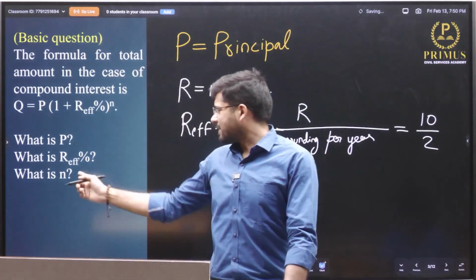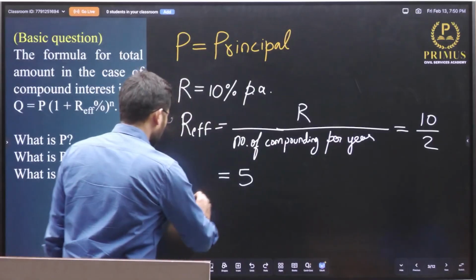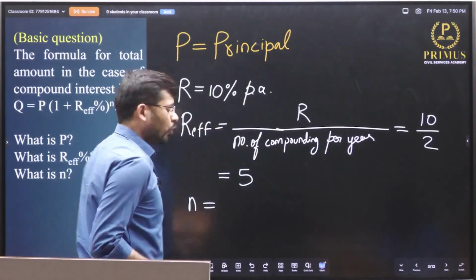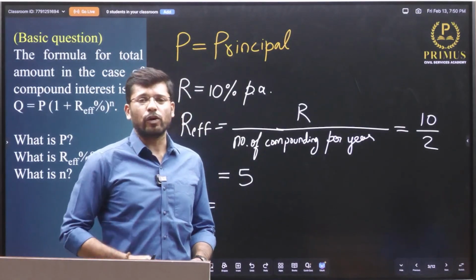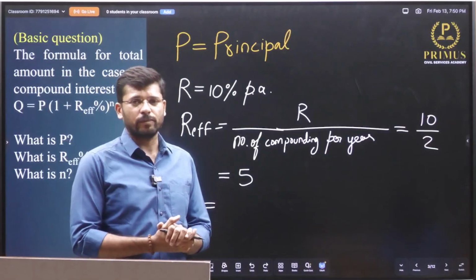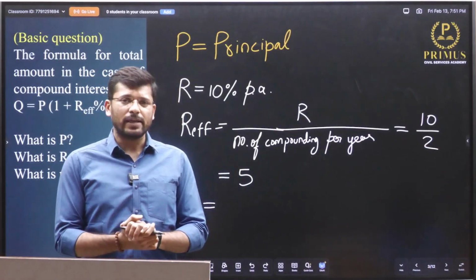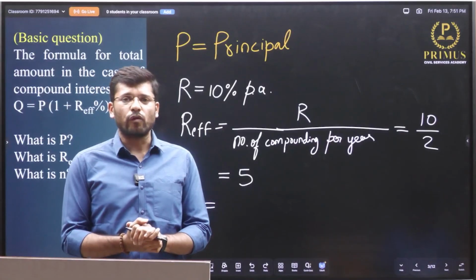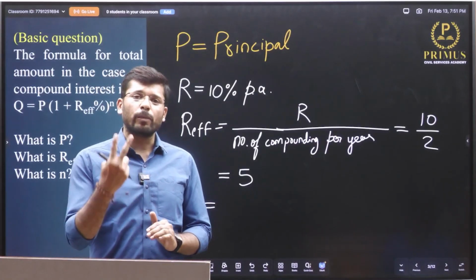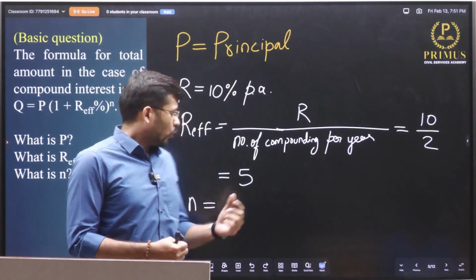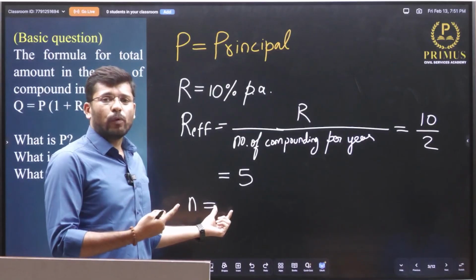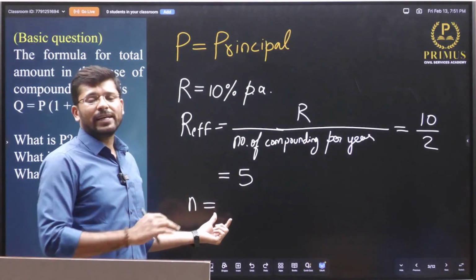Then what is this N? To understand N, let us slightly modify the agreement between you and your friend. Let us say you lent 1000 rupees at 10% per annum rate of interest, compounding half yearly, but you lent the amount for a period of 2 years. Now N is the total number of compoundings that happen throughout the time period.